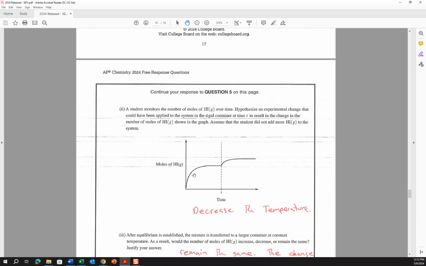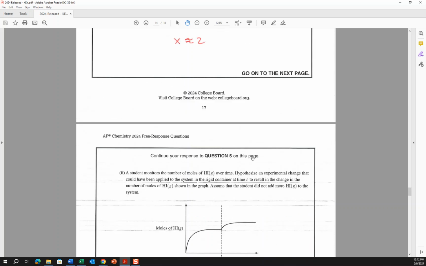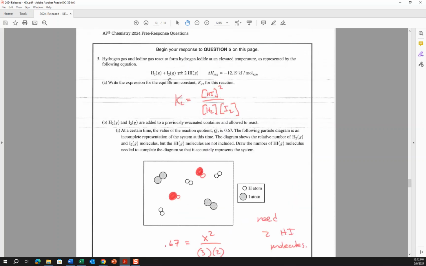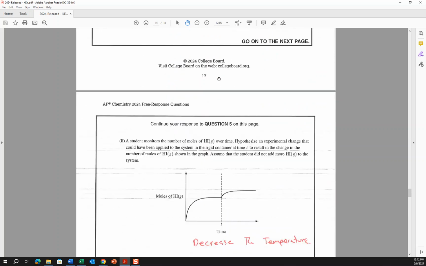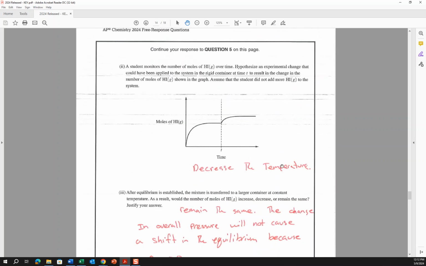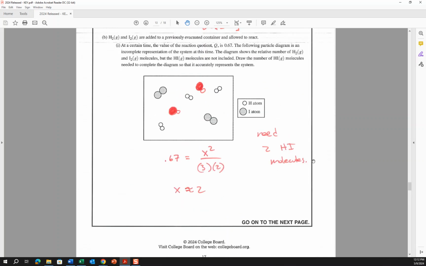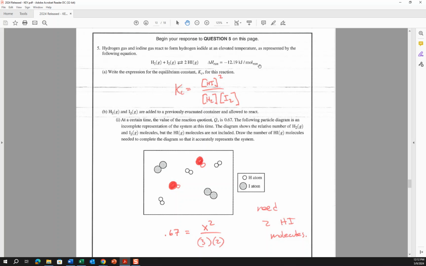So notice here, when equilibrium gets reached, we have this many moles of HI, and they want us to say what change could have caused this jump in the moles of HI to increase. So really, it's what would cause the reaction to shift to the right. Okay. There's probably 3 possible answers. The one I went with was decrease in temperature because it was an exothermic reaction.